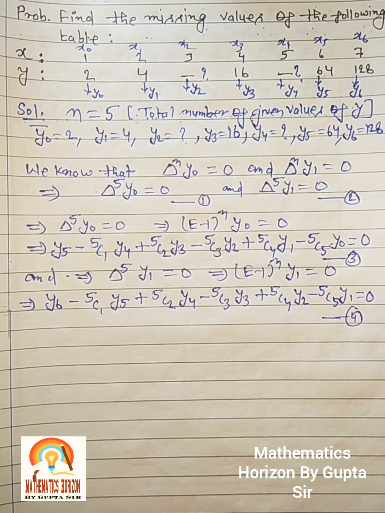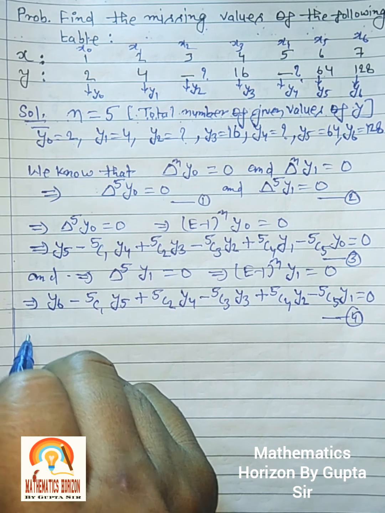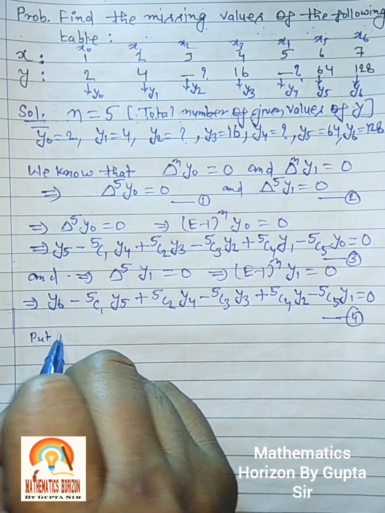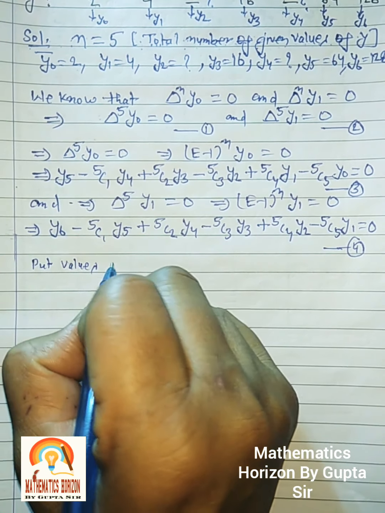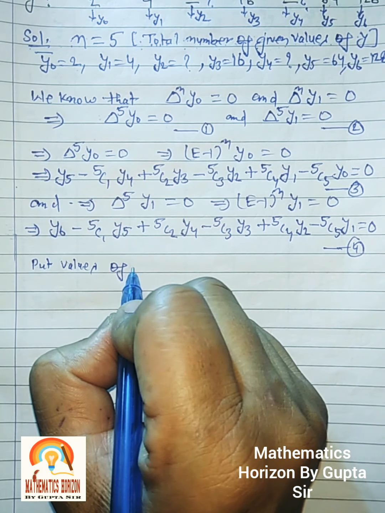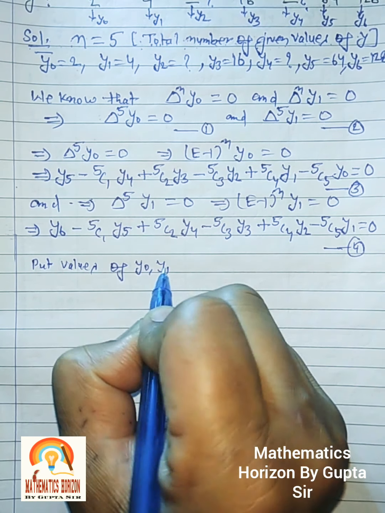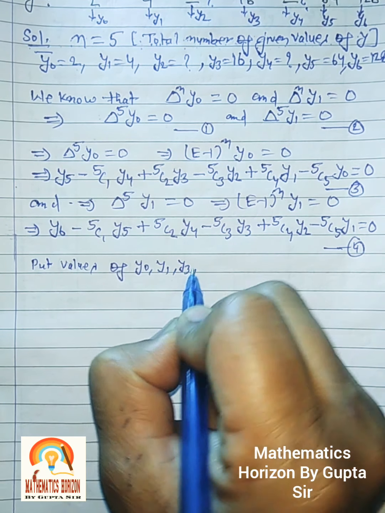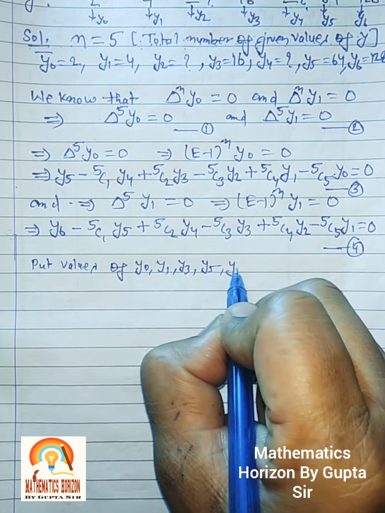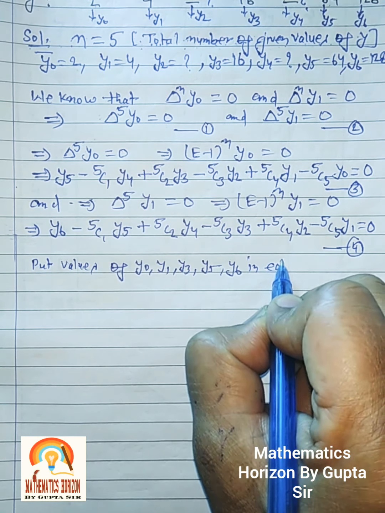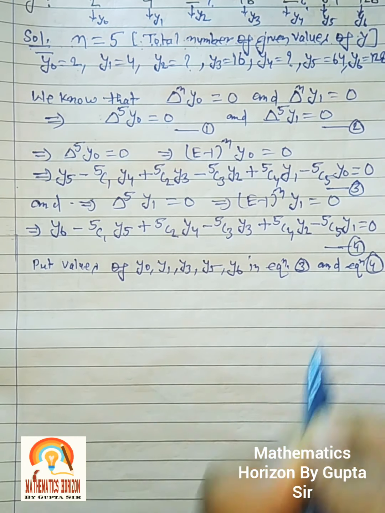Now we have to put the values of y0, y1, y3, y5 and y6 in equation 3 and equation 4.